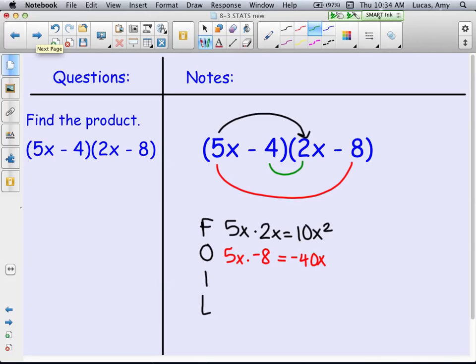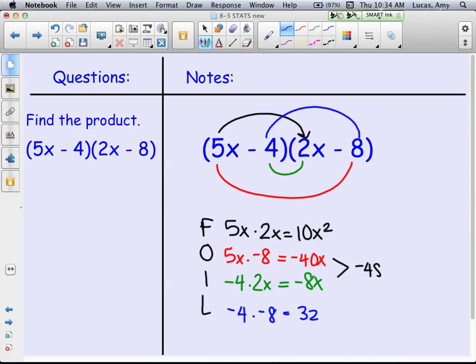Inside, negative 4 times 2x is negative 8x. And last, negative 4 times negative 8 is positive 32. Combine my like terms, and I get negative 48x. So I have 10x squared minus 48x plus 32.